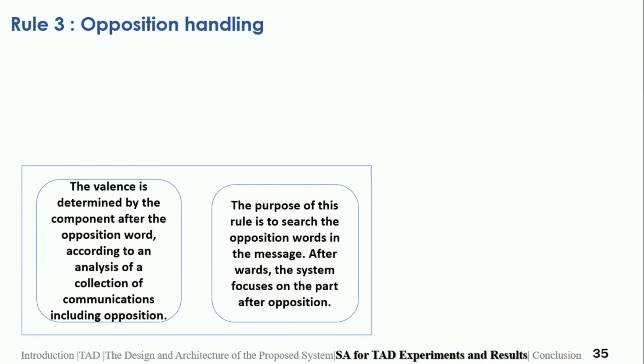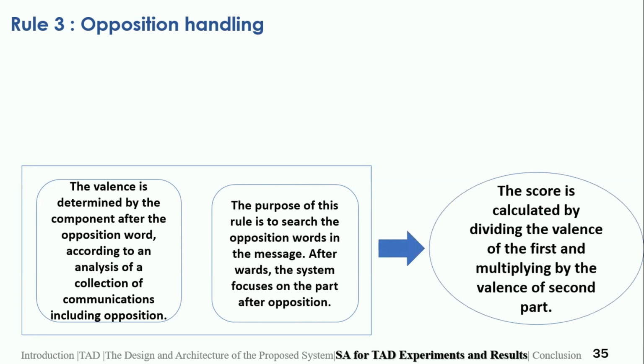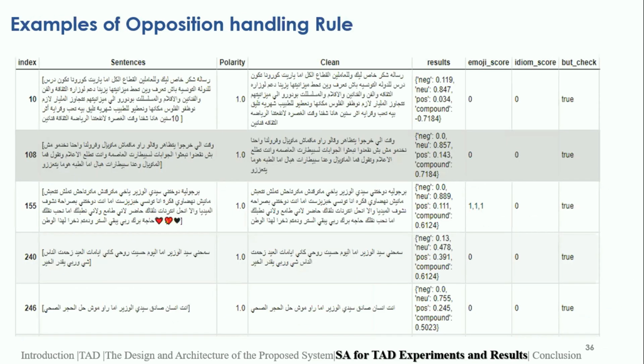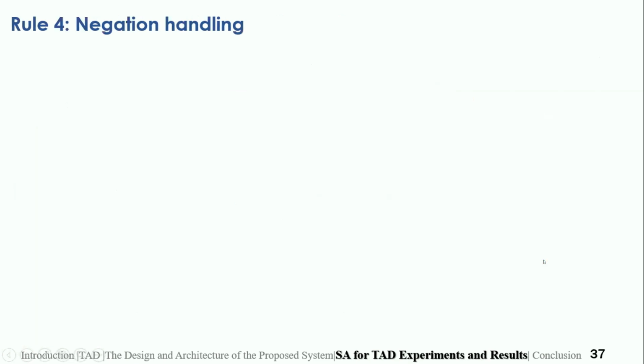Afterward, the analysis focuses on the part after the opposition. The score is calculated by dividing the valence of the first part and multiplying the valence of the second part. Some examples: we can see the word amma, and our opposition check is true.